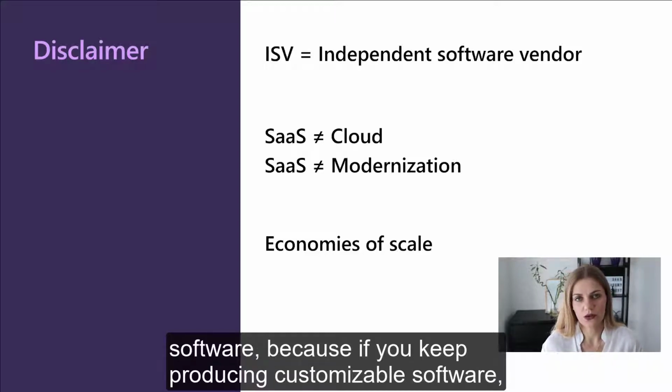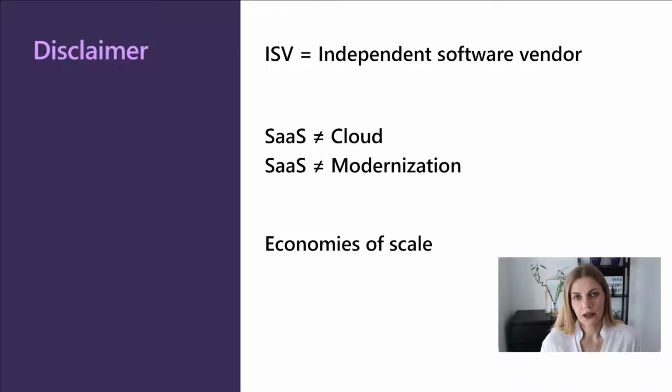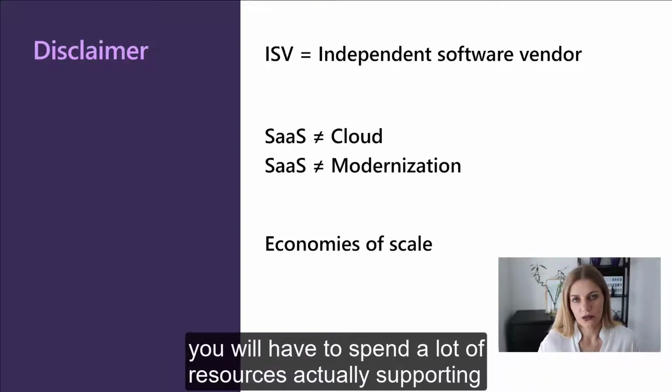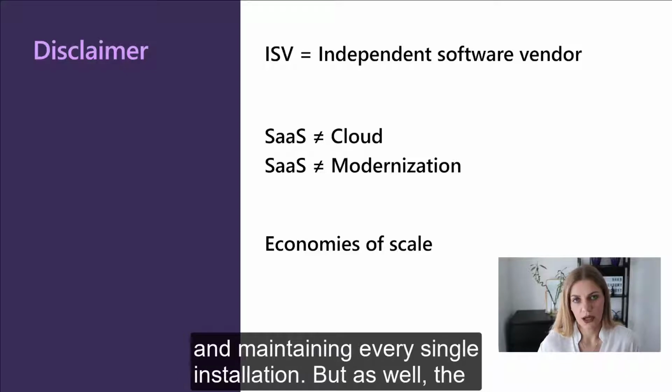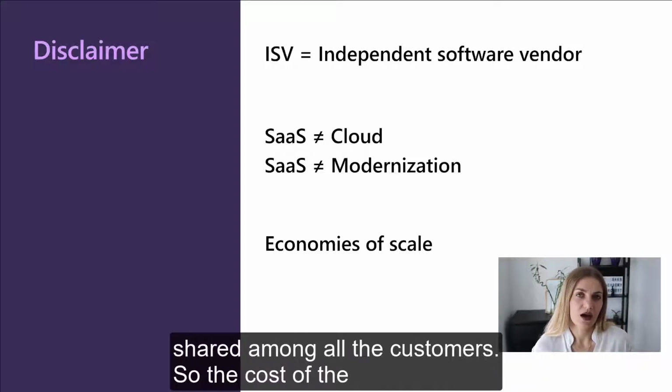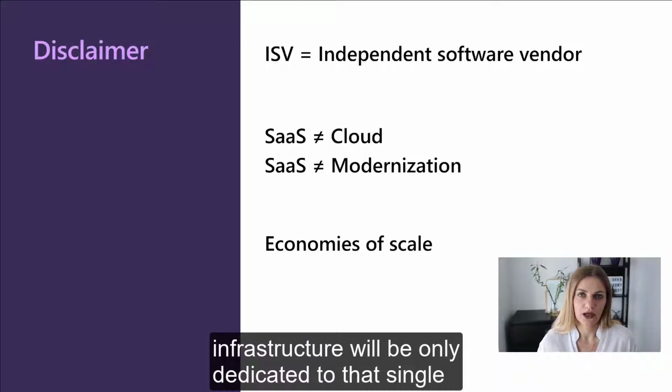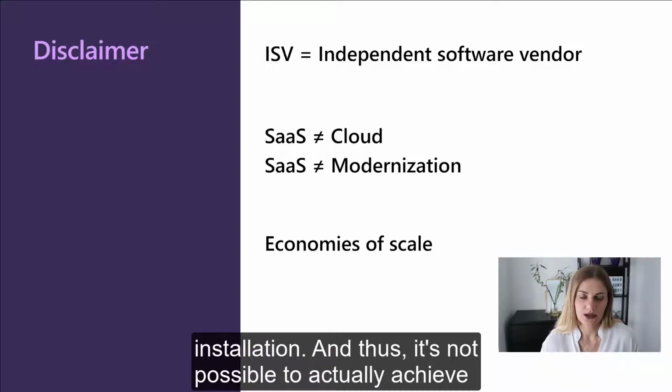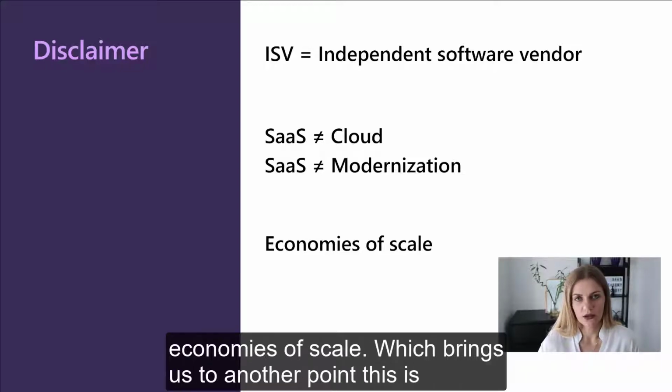Because if you keep producing customizable software, you will have to spend a lot of resources supporting and maintaining every single installation, and the underlying costs of infrastructure will not be shared among all the customers. So the costs of the infrastructure will be dedicated only to that single installation, and thus it's not possible to achieve economies of scale.